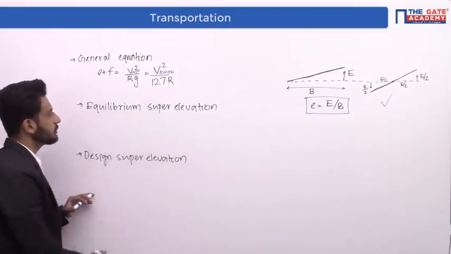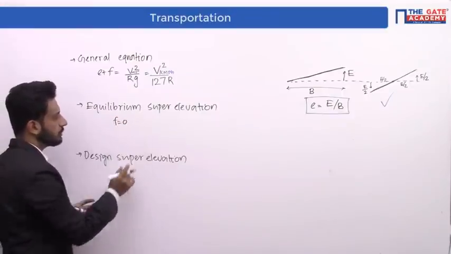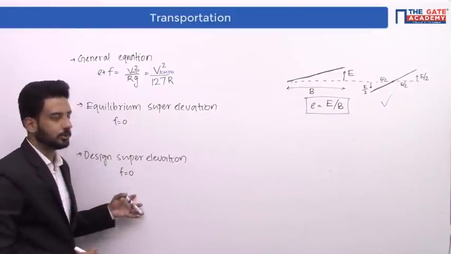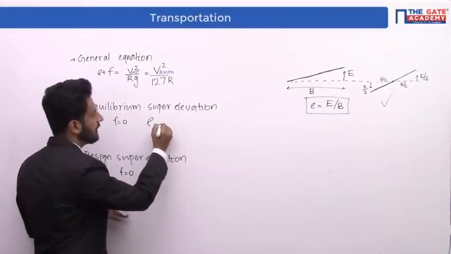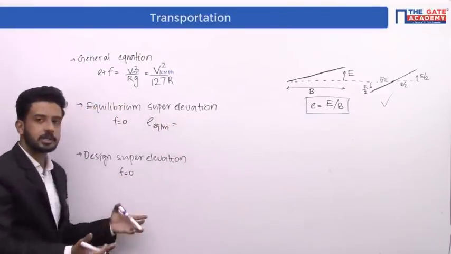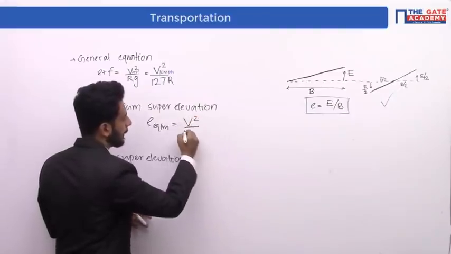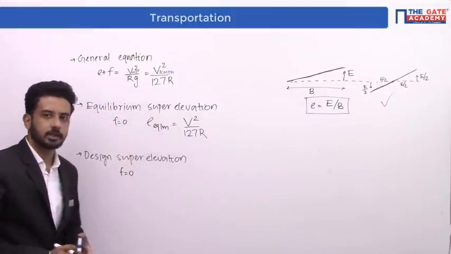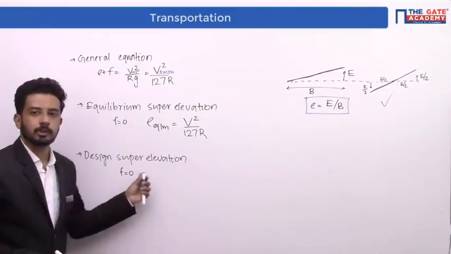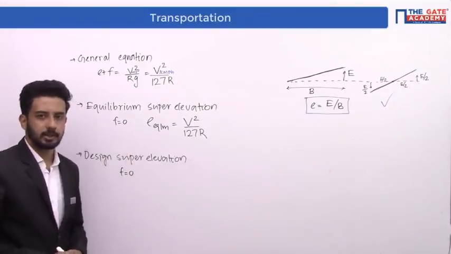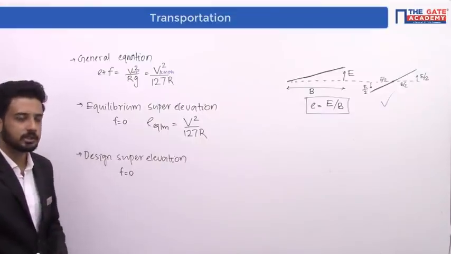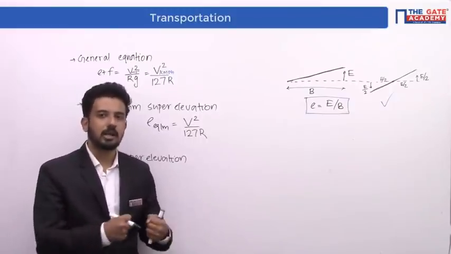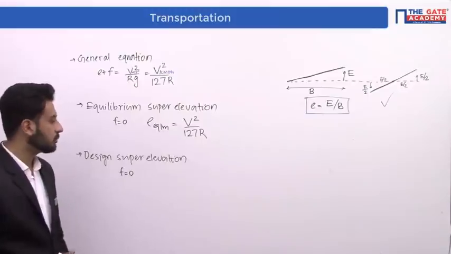For equilibrium super elevation, we will assume F is equal to 0. Then what will be the value of E equilibrium? F is becoming 0, so you can write V square by 127 R. So we will not take the coefficient of friction into consideration if they mention equilibrium super elevation. What is equilibrium super elevation? It is when the pressure on the outer wheel and the pressure on the inner wheel are equal.